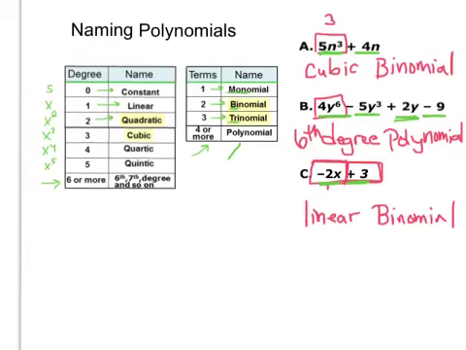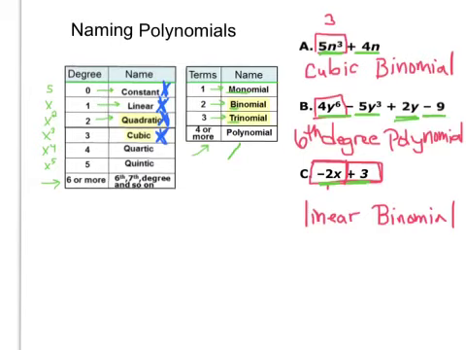So you should be able to classify these. So make sure that you're writing these down and you're remembering what we call these. The terms should be pretty easy. Everything is a nomial, whether it's a monomial, binomial, trinomial, or polynomial. And then the ones that I want you to become very familiar with, as far as the degree of something, I want you to remember what it is to be a constant, linear, quadratic, and cubic, because those are the ones that you're going to use the most often.